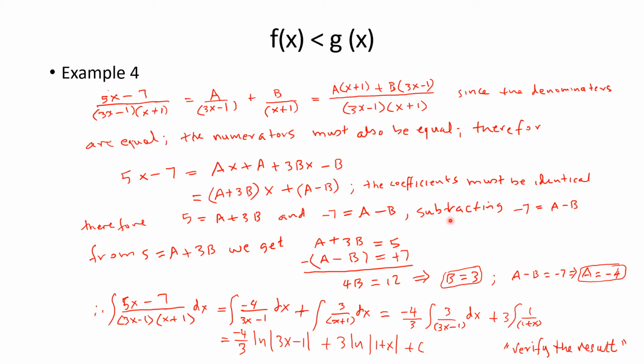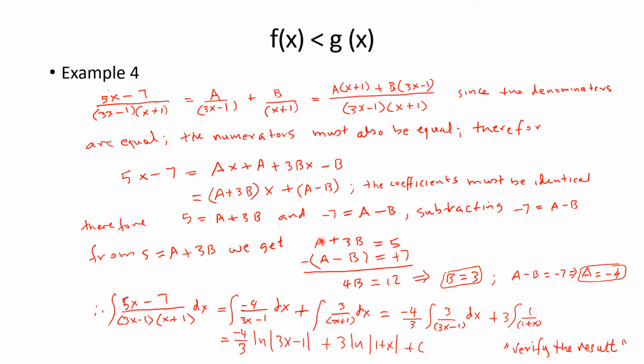Now, subtracting negative 7 equal to A minus B from 5 equal to A plus 3B. Here is 5 equal to A plus 3B. We're subtracting from it A minus B and negative 7. So minus with minus will give us plus.